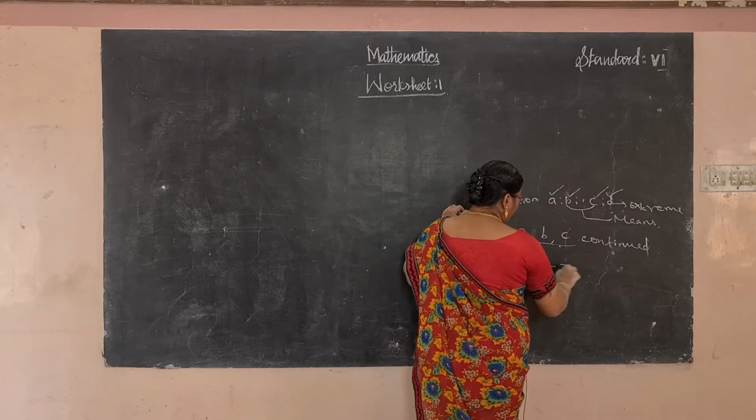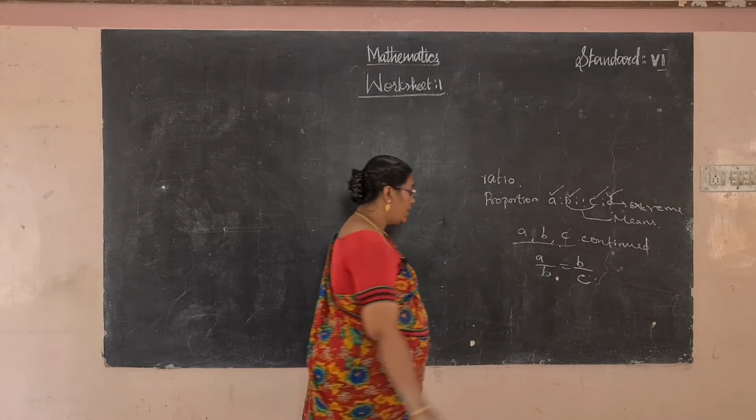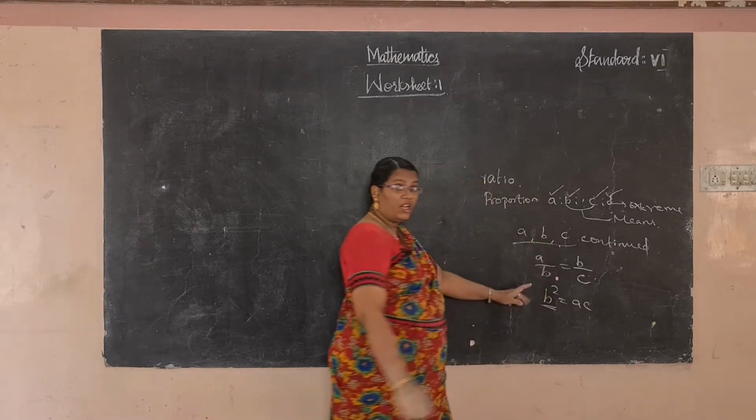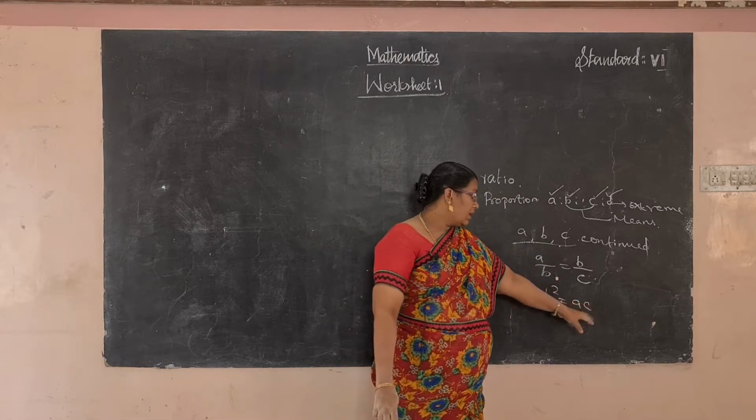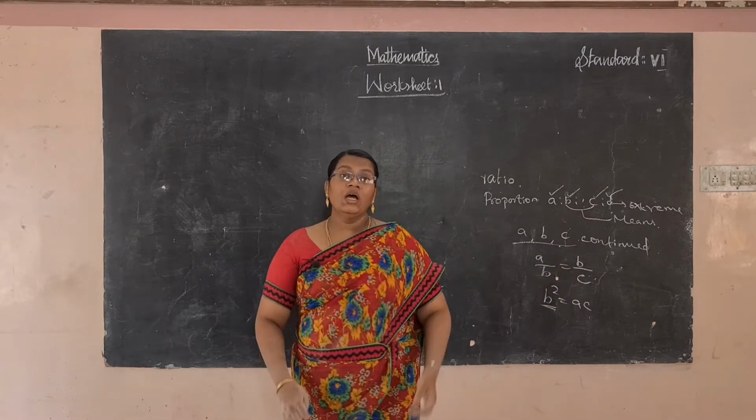So A by B is equal to B by C, and the formula is B squared equals AC. Here B is called the mean proportion to A and C. D is called the fourth proportion.